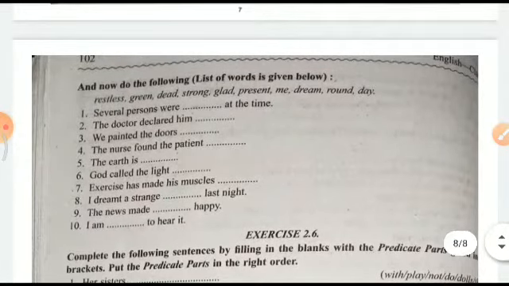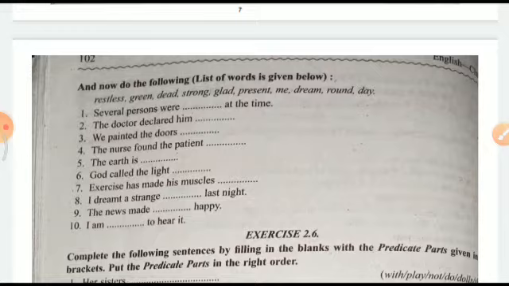And now do the following list of words. Let us see this. Several persons were dash at the time. Several persons were dead at the time, right? The doctors or several persons were present at the time. It can be both. Now see the second one. The doctors declared him. Doctors generally declare a person alive or dead.